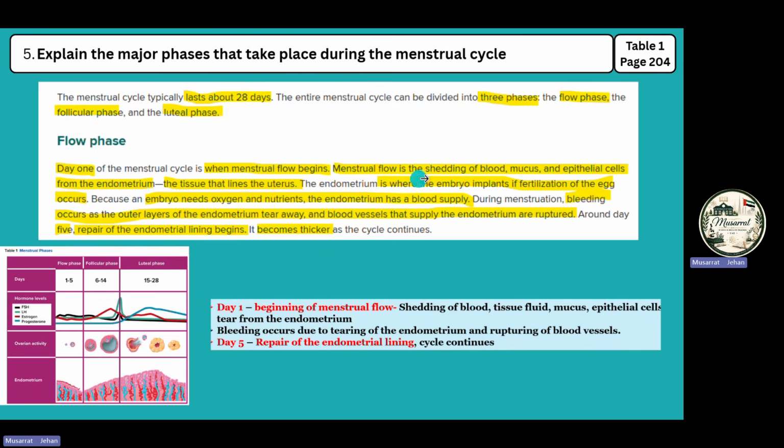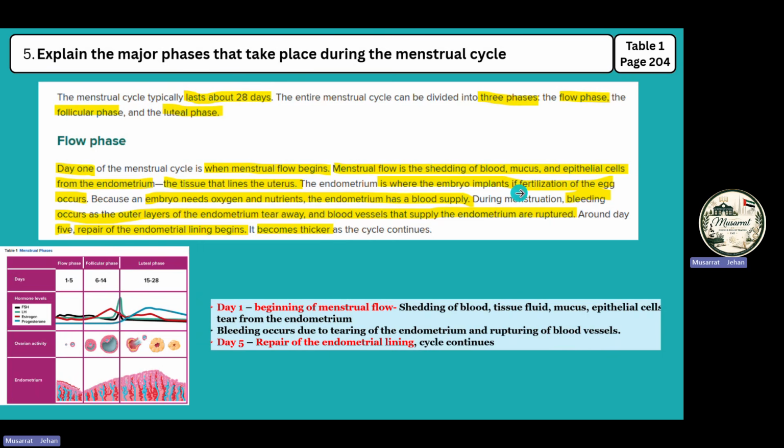Menstrual flow is the shedding of blood, mucus, and epithelial cells from the endometrium, the inner lining of the uterus, the tissue that lines it. So the shedding of the mucus and epithelial cells from the endometrium is called the menstrual flow. The endometrium is where the embryo implants if fertilization of the egg occurs.